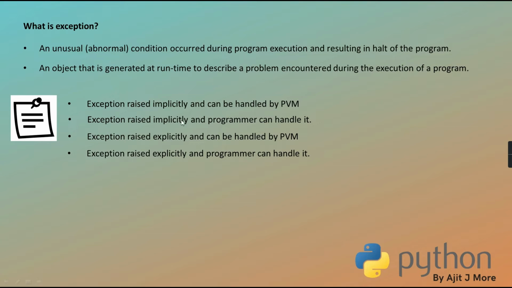Then I said that it is raised by PVM, but the programmer handles it by writing a try except block. Then I said we are raising it, but PVM handles it. And we only raise and we only handle it. Getting or no? So I said, when PVM only raises the exception.